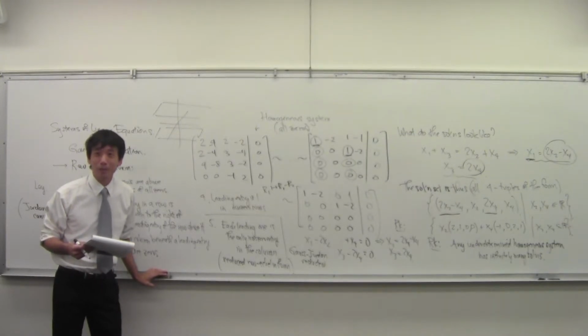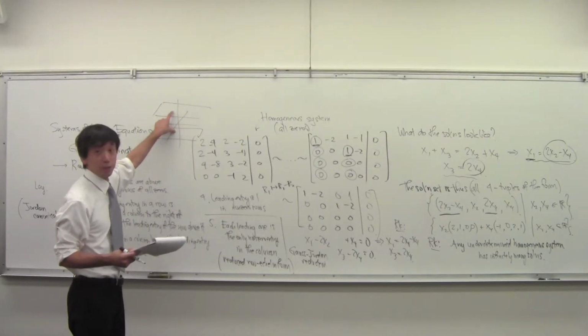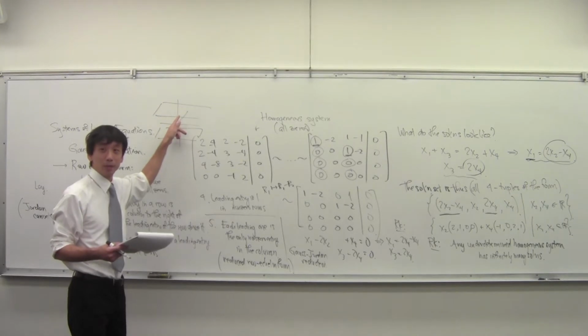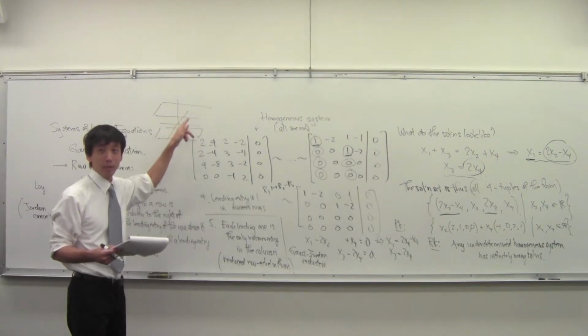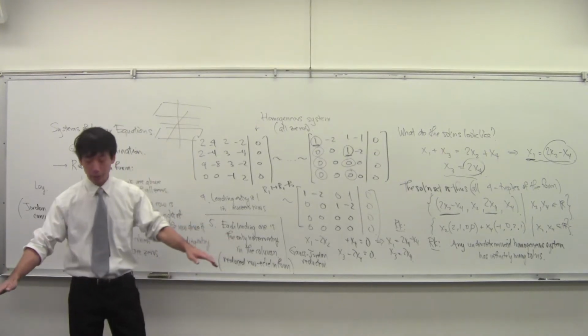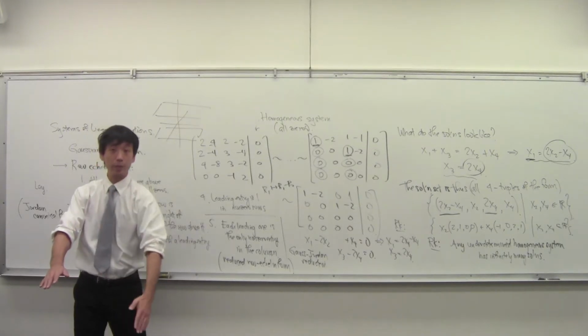Yeah, Avery. I understand how they all pass through 0, but I don't understand how they could have infinitely many solutions. If planes were just intersecting at 0, wouldn't they just intersect at 0? Because if you have an underdetermined system in R3, that means you have two planes. There's a plane that slices through the origin, and another plane that slices through the origin.